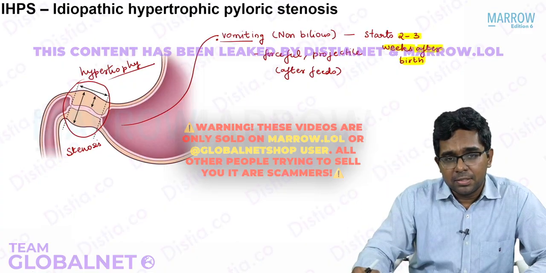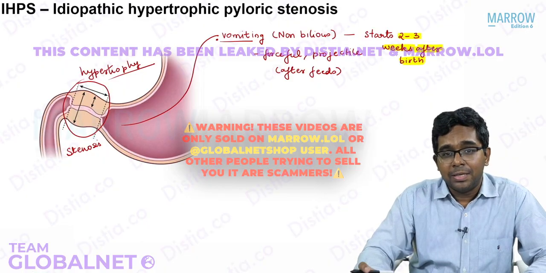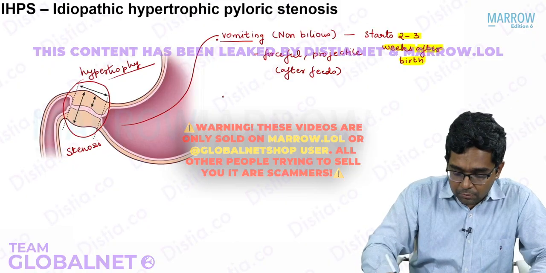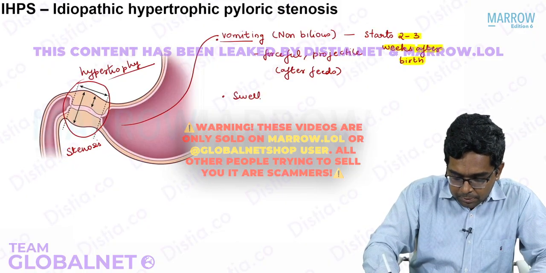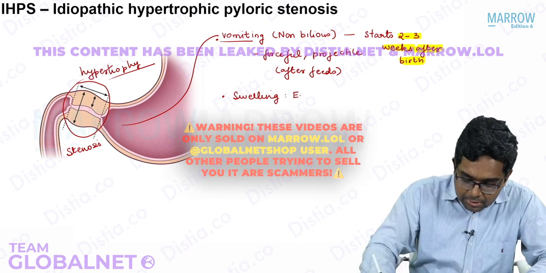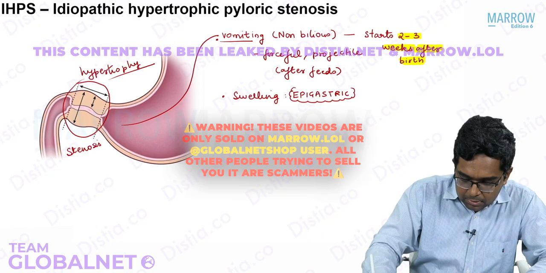The next important feature is that because the obstruction is at the level of pylorus, there would be distension proximal to that obstruction. In other words, you will have a swelling in pyloric stenosis, and the classical location of the swelling is epigastric, which is the region above the umbilicus.